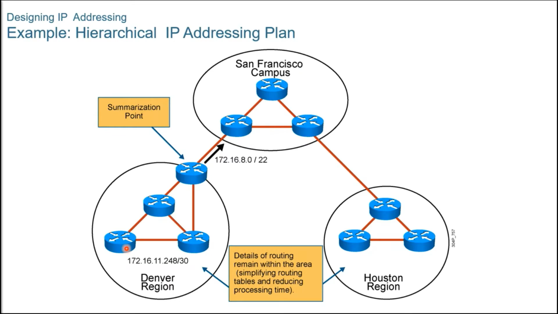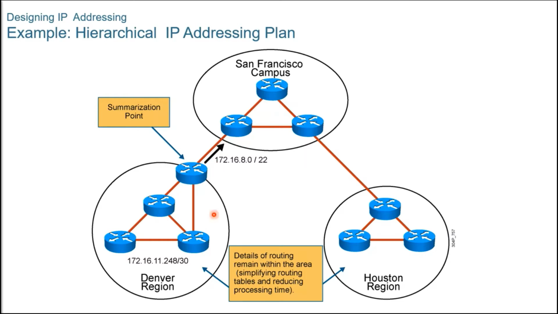Another example is the hierarchical IP addressing plan. Take note that the topology we have comprises the San Francisco campus, the Denver region, and the Houston region. The summarization point is on the edge network. If it is on the Denver region, that happens on the router connected to the San Francisco campus.